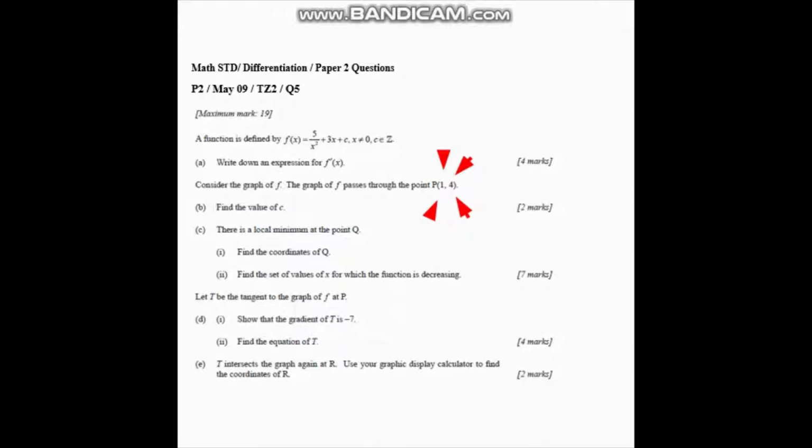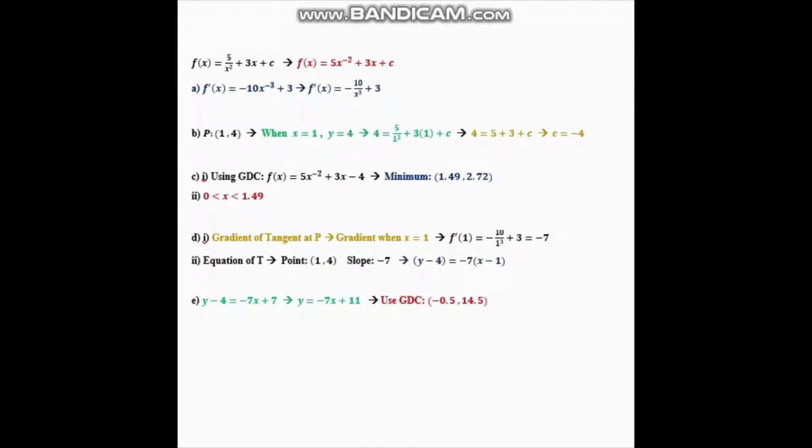So I shall simply plug 1 instead of x here and here, and plug 4 instead of the f of x. Hence 4 equals 5 over 1 squared plus 3 times 1 plus c, right there. Hence, the c shall equal negative 4.